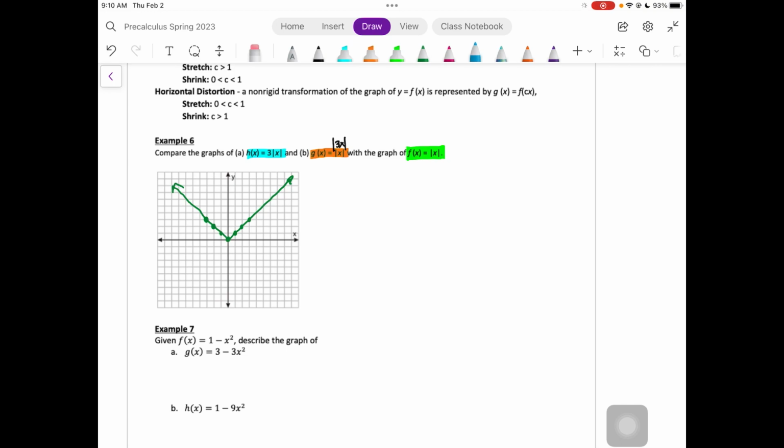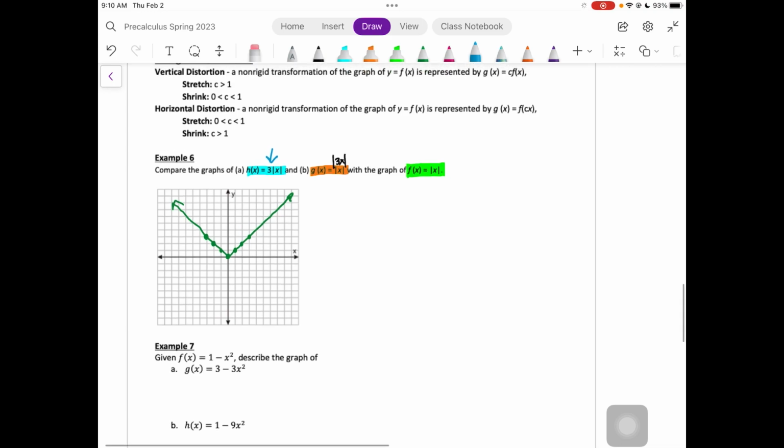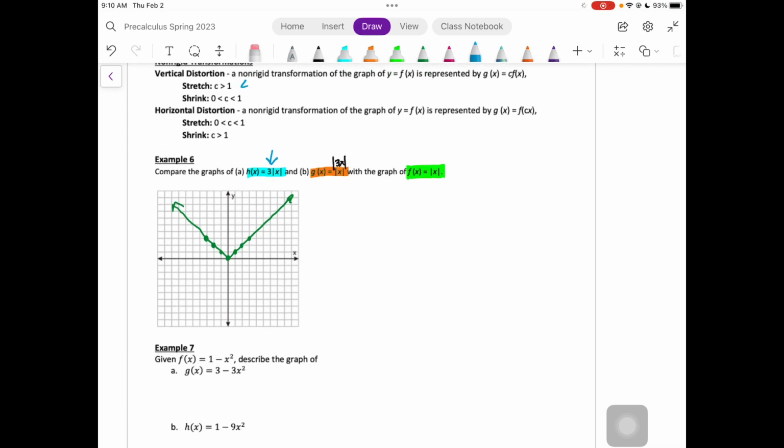All right, so let's take a look at this function where we are vertically stretching because it is greater than 1 and we're multiplying the function. So it's vertical. So this is a vertical stretch. So let's see what that looks like. We could say, okay, x, h of x if you want your table of values.